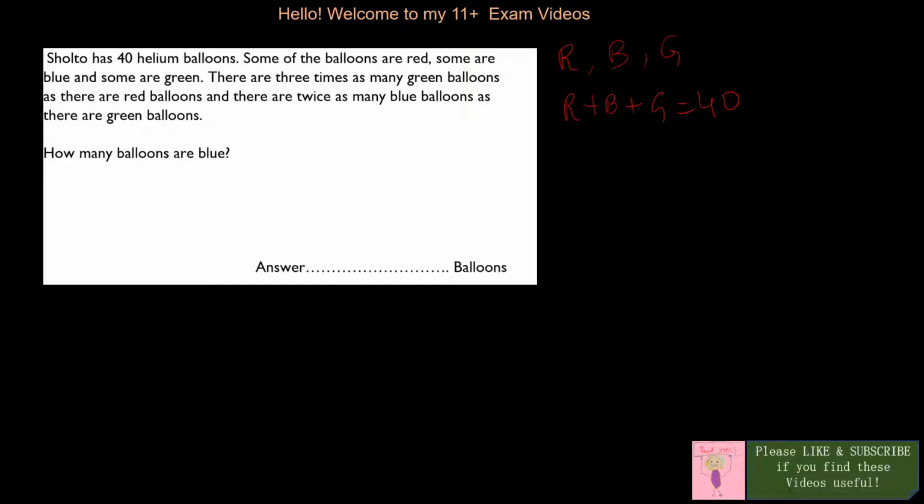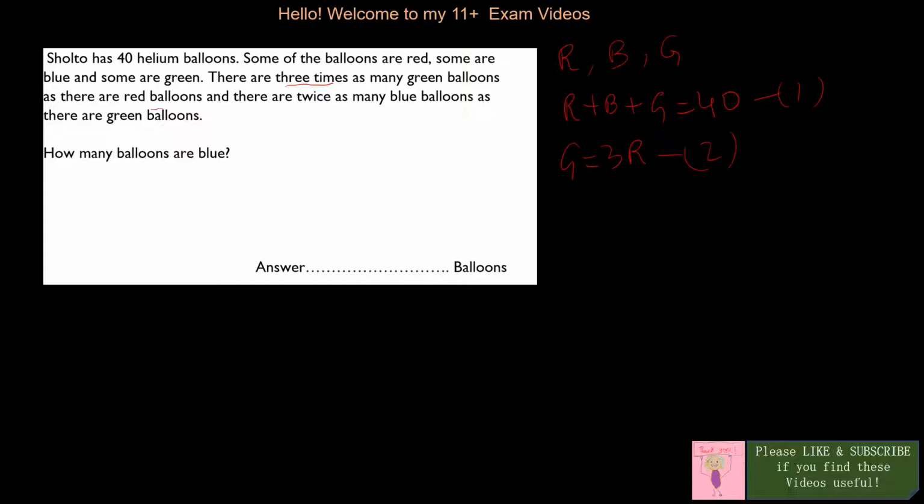Now there are 3 times as many green balloons as there are red balloons. What this means is G equals 3 times R. So this is my equation 1, this is my equation 2.